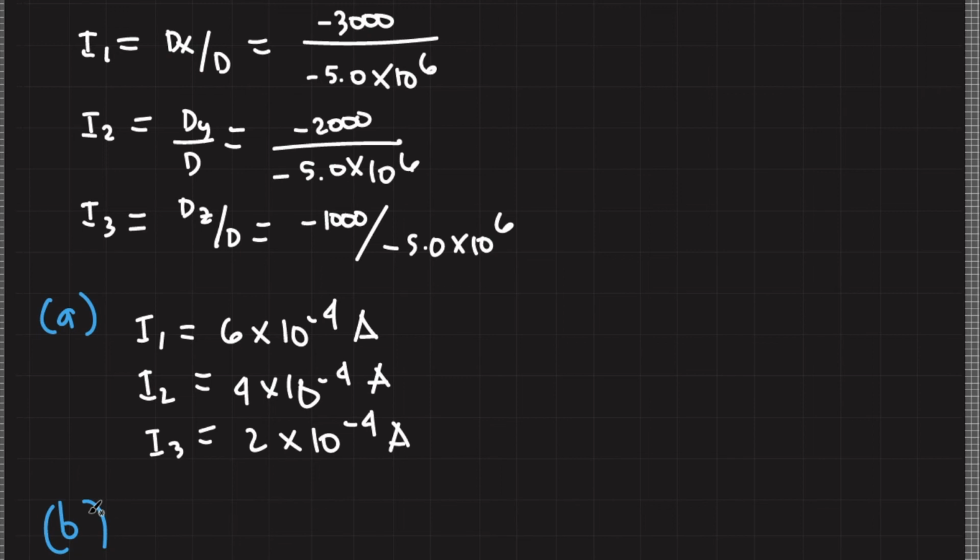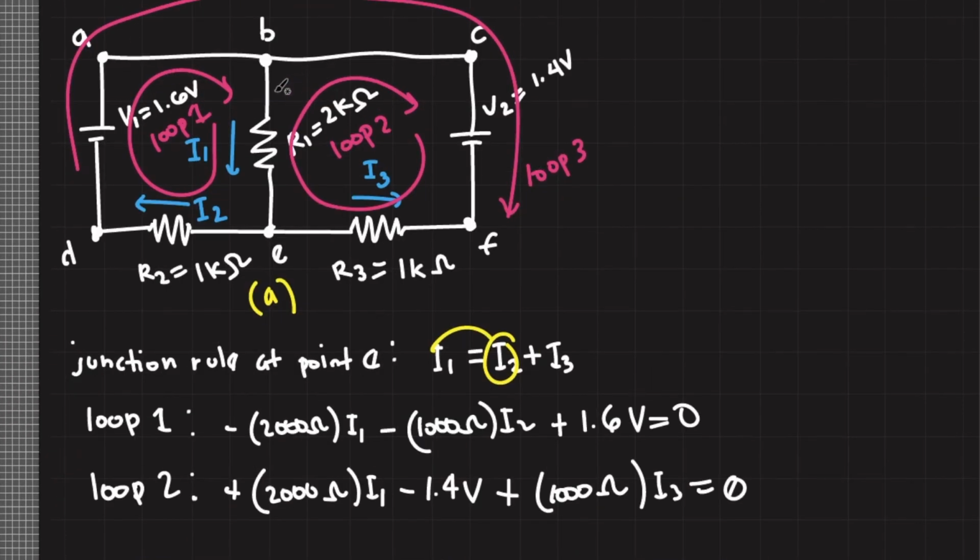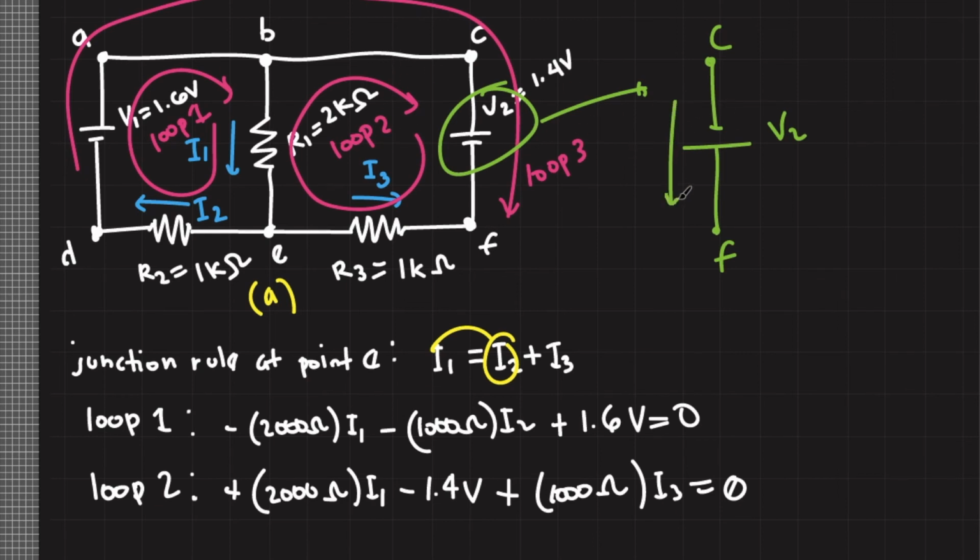Now for part B, let's return to the circuit. For part B, we will be using this same circuit, but V sub 2 is in this direction with respect to point C and point F. So observing our loop rule, we will then pass through the negative terminal to the positive terminal.